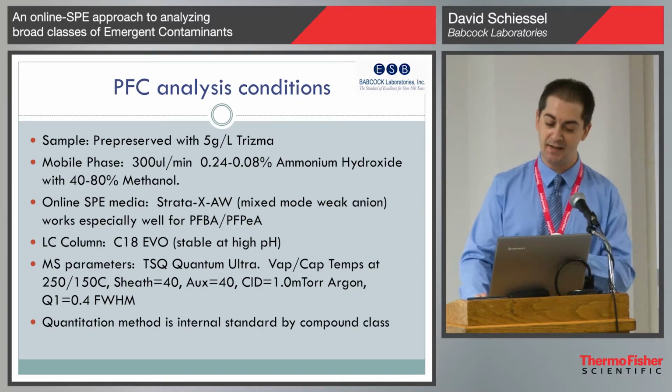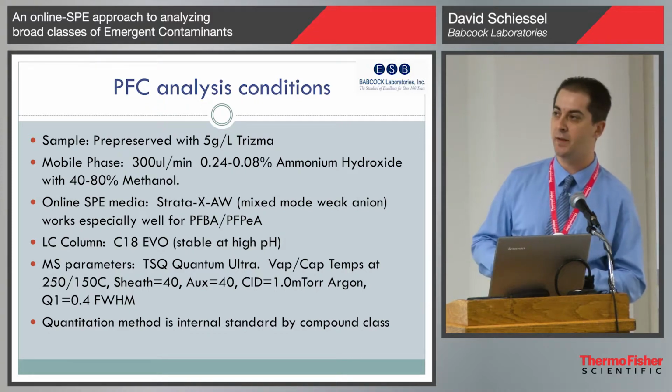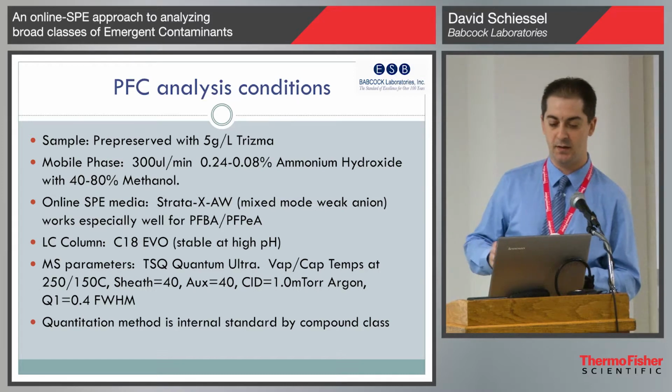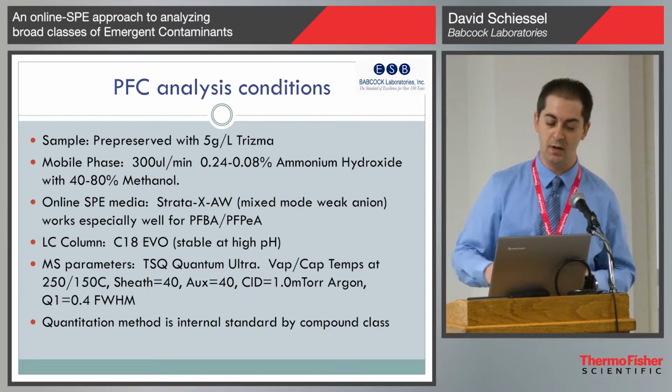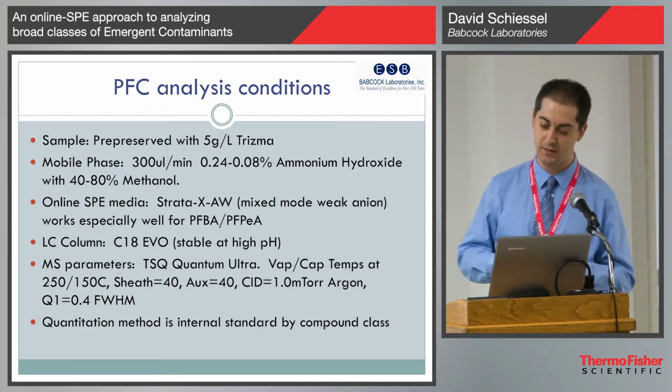And again, similar CID pressure and the Q1 full width half maximum. This method is not strict isotope dilution, but it's basically isotopically labeled analytes, or isotopologues, for certain classes, so the carboxylates and the sulfonates and things like that.